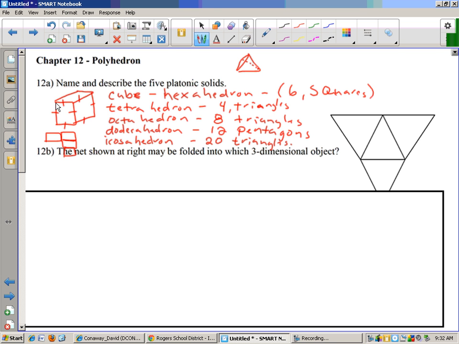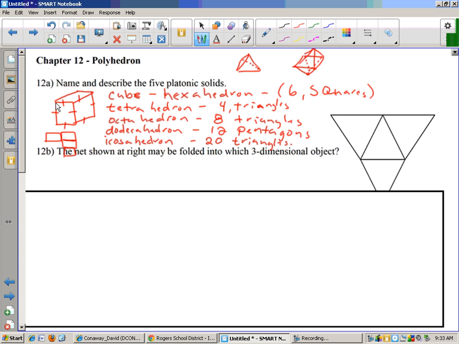An octahedron, forgive me for trying to draw this, I'm sure I'll do a horrible job. Okay, that's an octahedron. If you make that with all congruent equilateral triangles, that's an octahedron. So there's the tetrahedron and the octahedron.